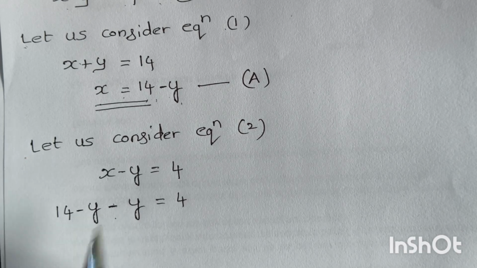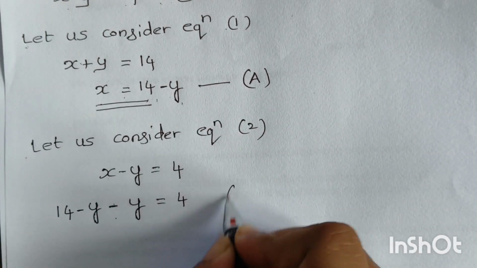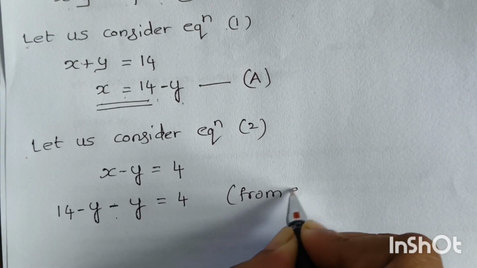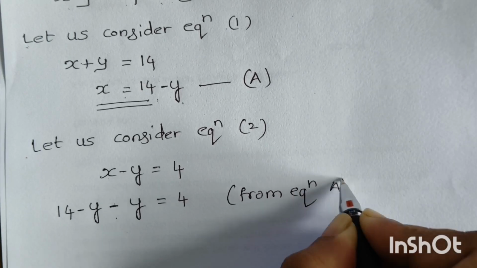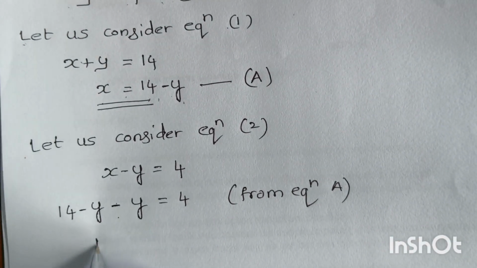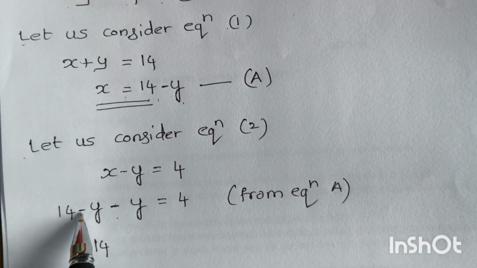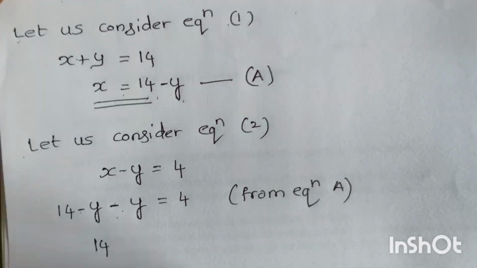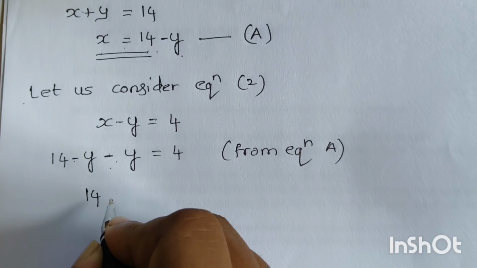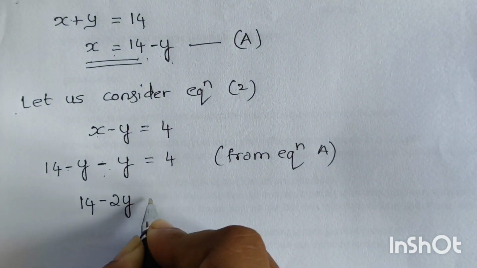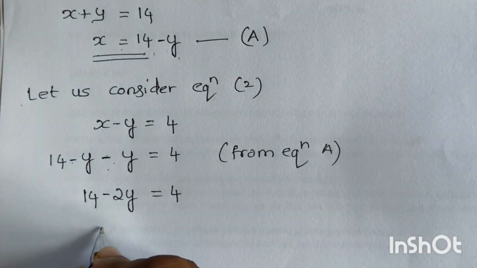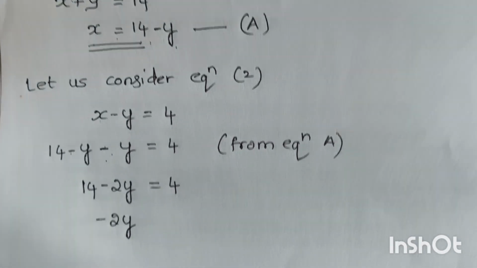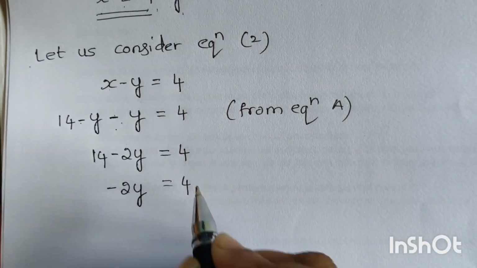We have written this from equation A. 14 minus y minus y is how much? Minus 2y is equal to 4.